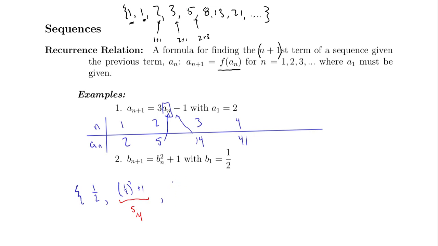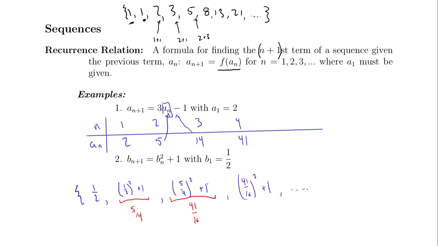And then our next term is going to be 5/4 squared plus 1, which is really 25/16 plus 1. So that's 25/16 plus 16/16. So what are we looking at? 41/16, something like that. And then your next term is going to be that 41/16 squared, and I'll leave it here, plus 1, etc.